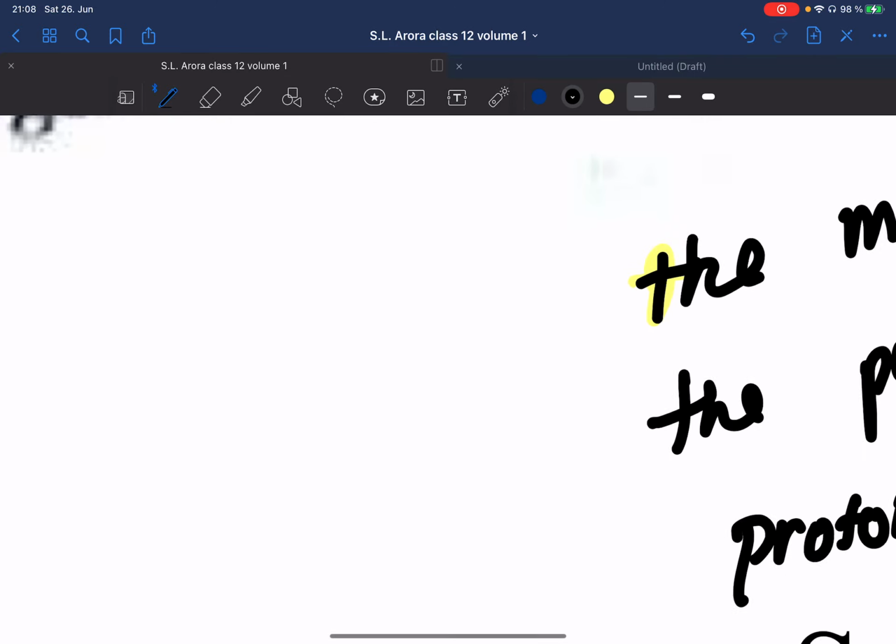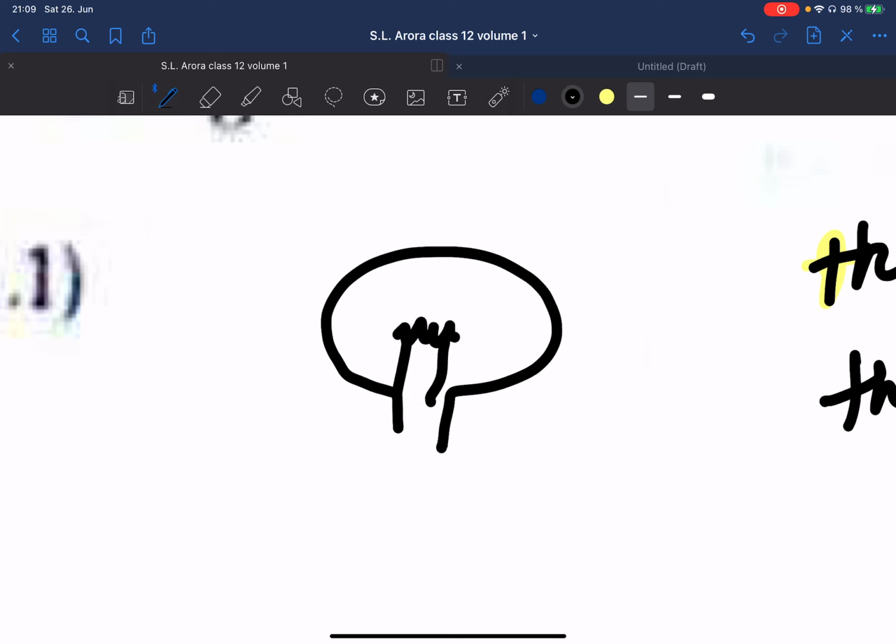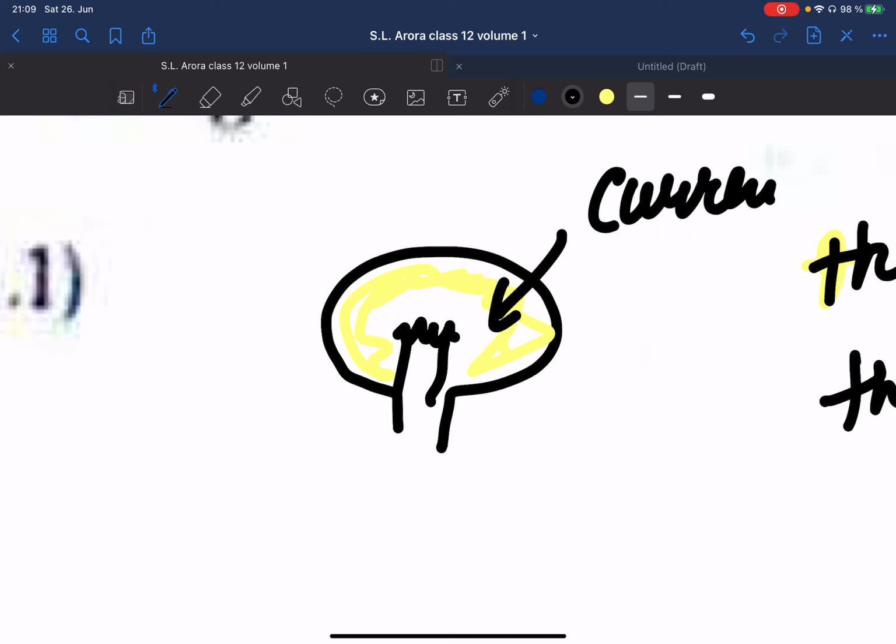So, basically, when a bulb lights, this is electricity.